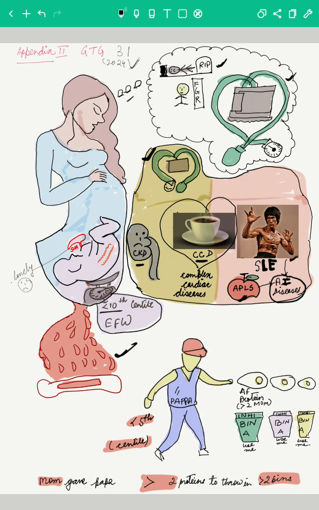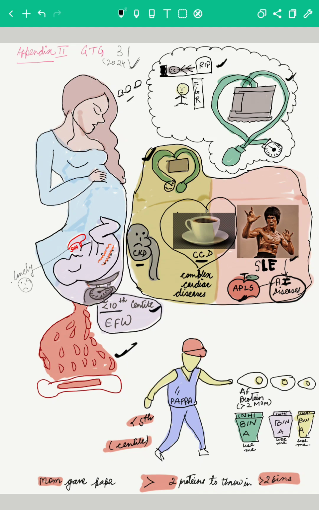If the baby has echogenic bowel, you can see the echogenic bowel, or if the baby's estimated fetal weight is less than the 10th centile. We know if the weight has a trend of decrease, anytime it will go below the 3rd centile. So 10th centile is a warning high risk sign for fetal growth restriction in the current pregnancy.